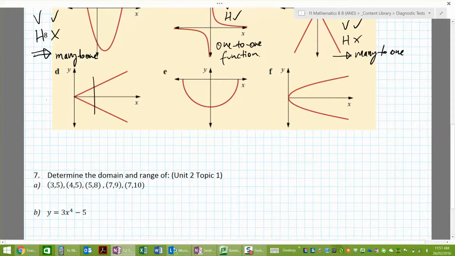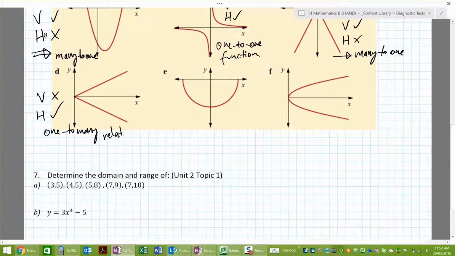Part D, vertical line test is failed. Horizontal line test looks okay. So this is a one-to-many relation. E, vertical line test is all good.